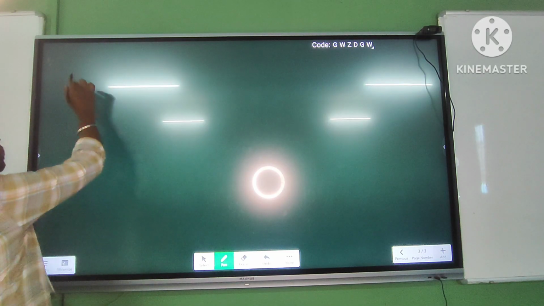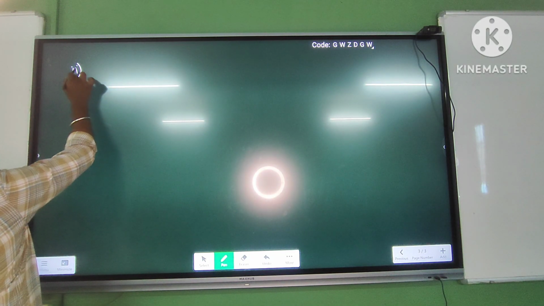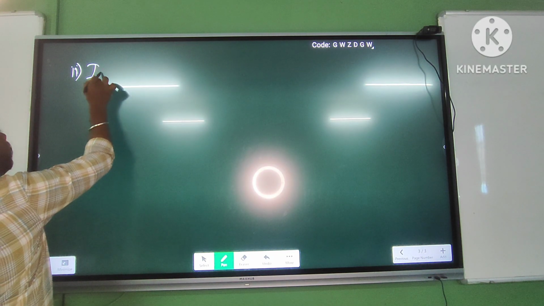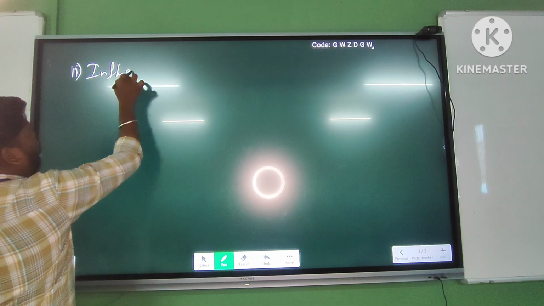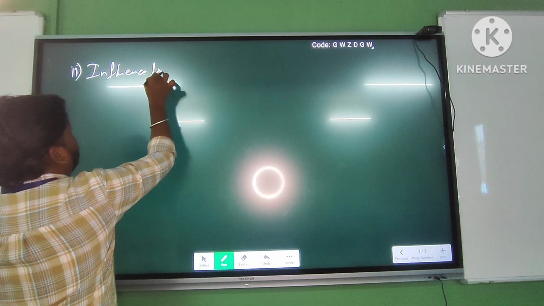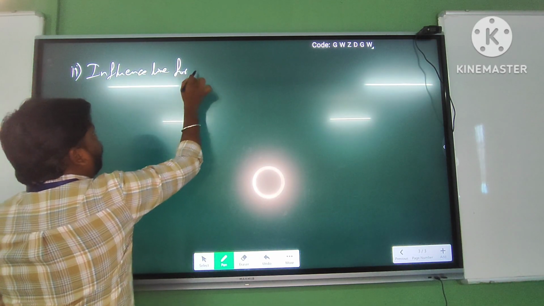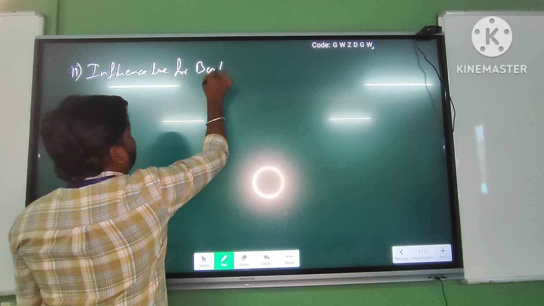Next, influence line for bending moment.